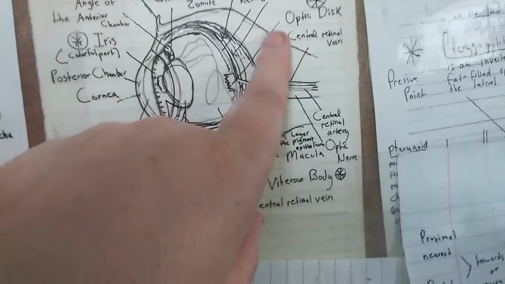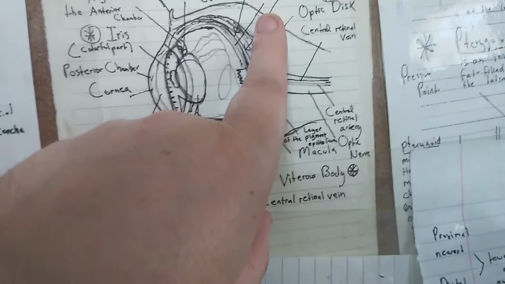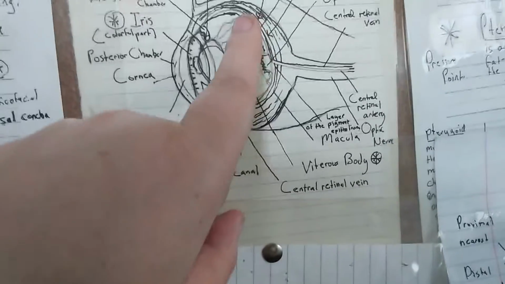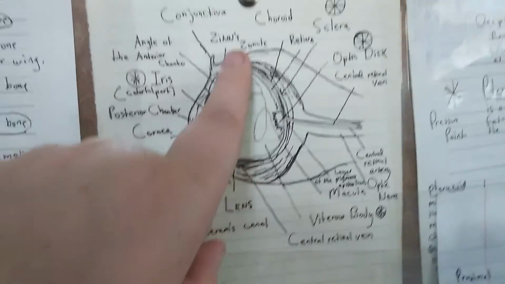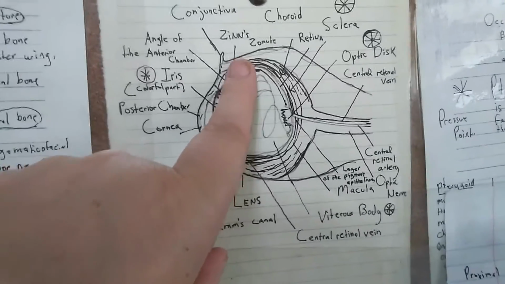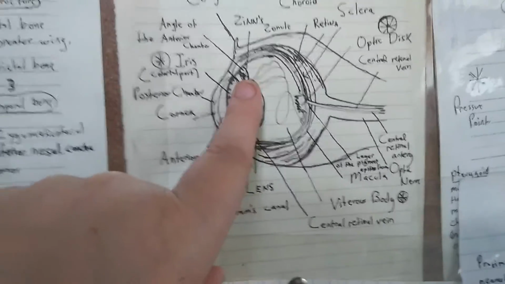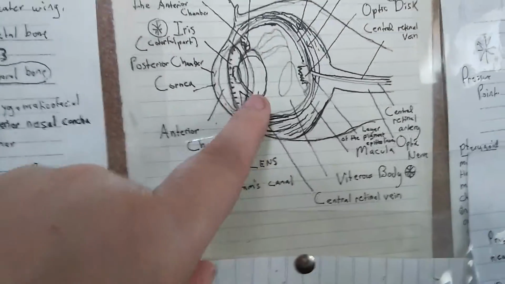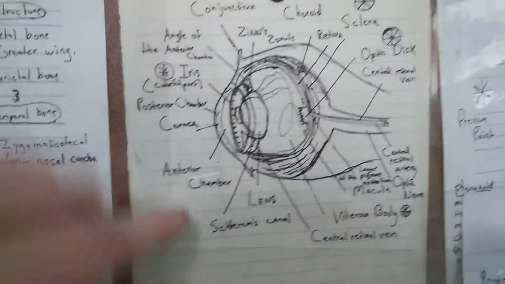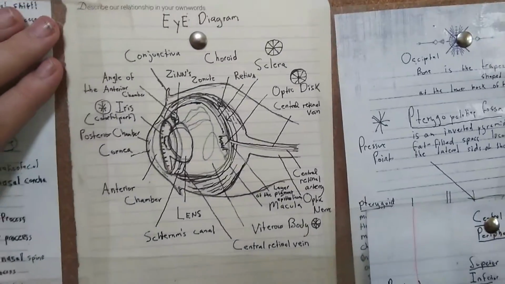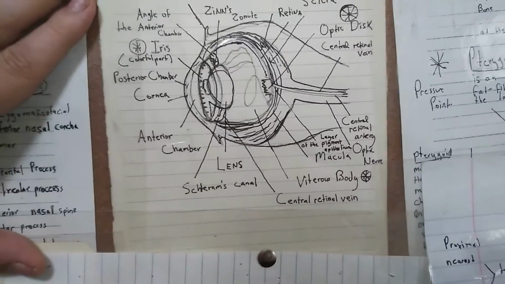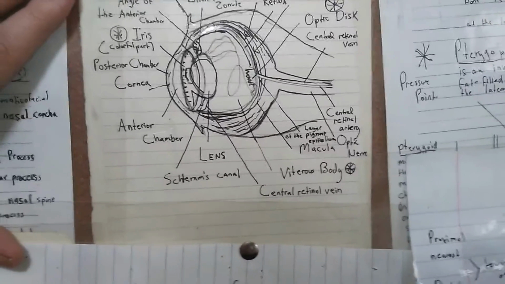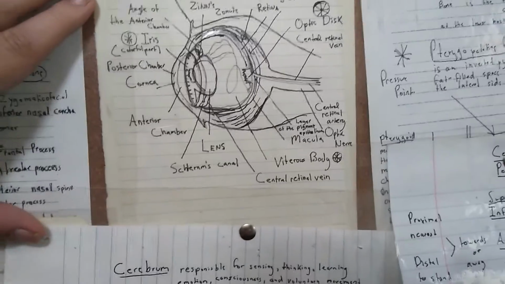See there? The retina actually starts here and goes around. There's something called the schematic just above the lens. The vitreous body, and what that actually means right here.